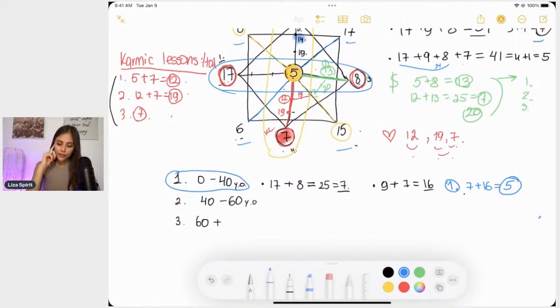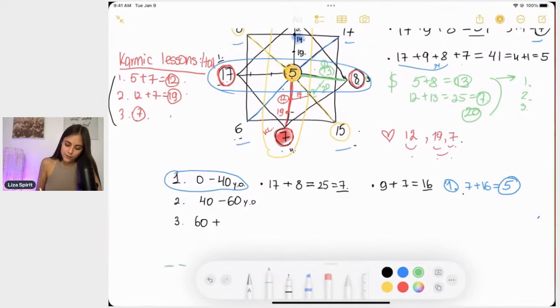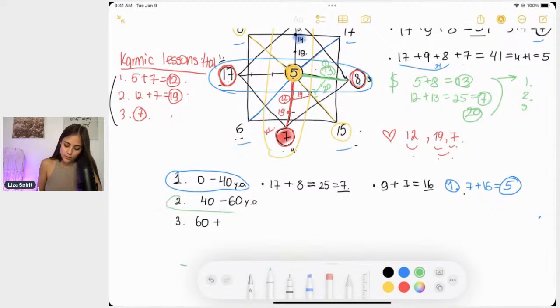So the second, I'm going to do it in another color. This number is for the age of 40 to 60. So let's say the first one is about ourselves. We do it for ourselves. As I said, you need to learn more about yourself, about your energy, who you are, what you should do.